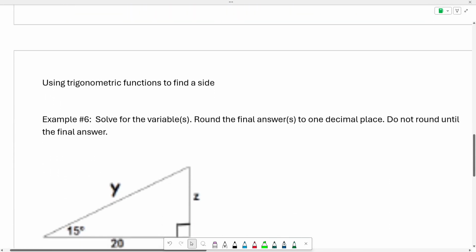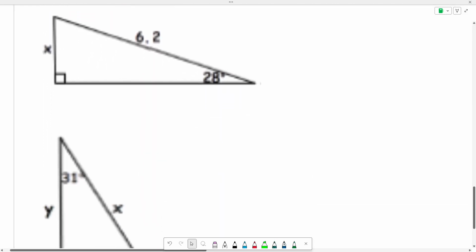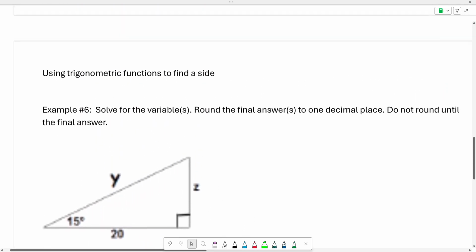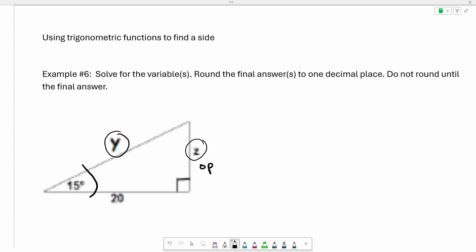Here we have some more examples of these. We're going to set them up quickly. The first one here, we have two variables, z and y. My angle here, to find the missing sides. This one would be the opposite side. This one would be the hypotenuse.